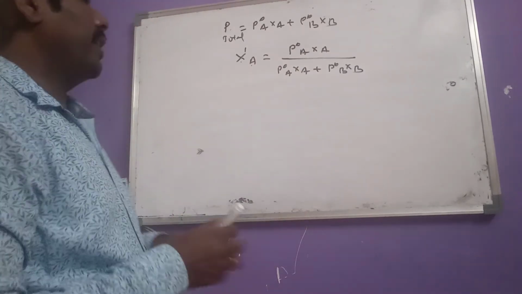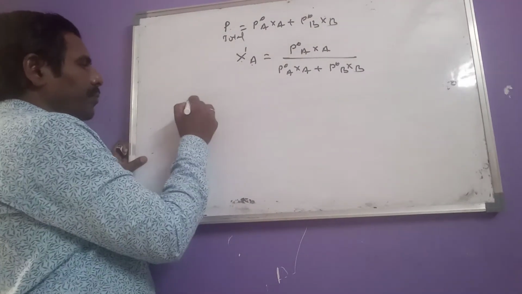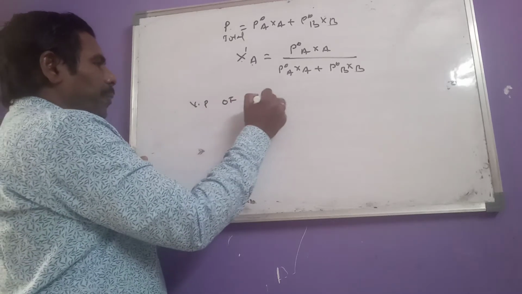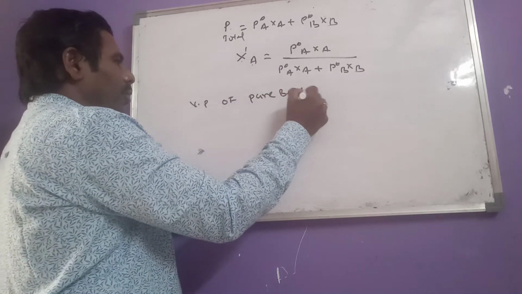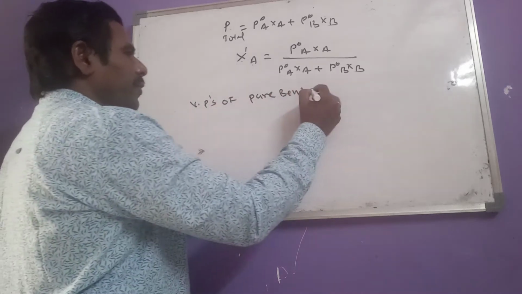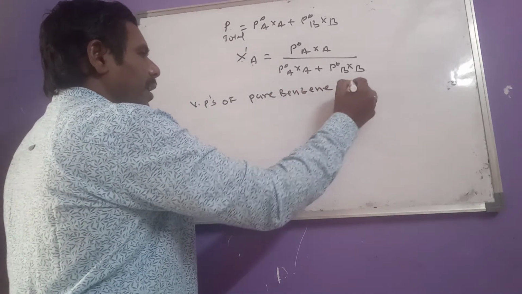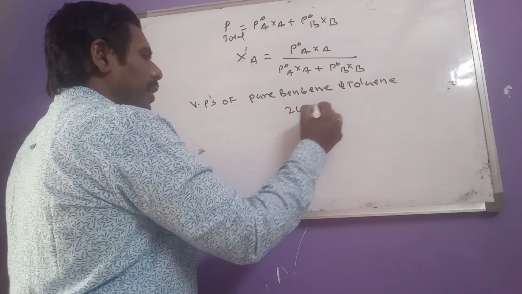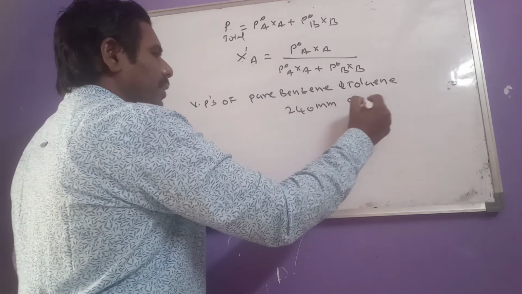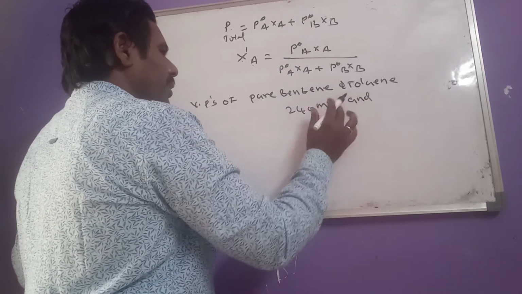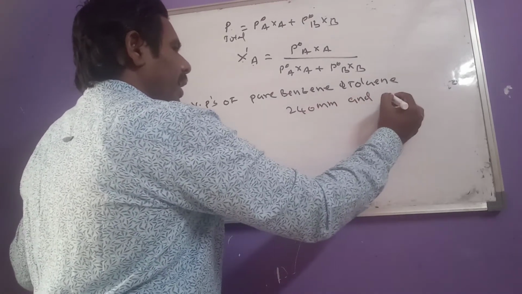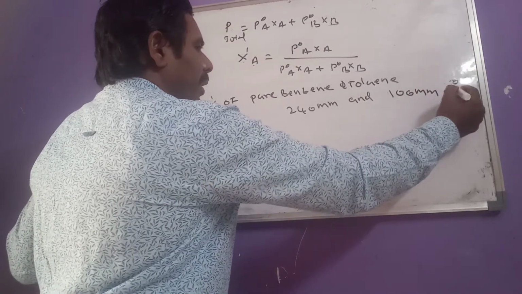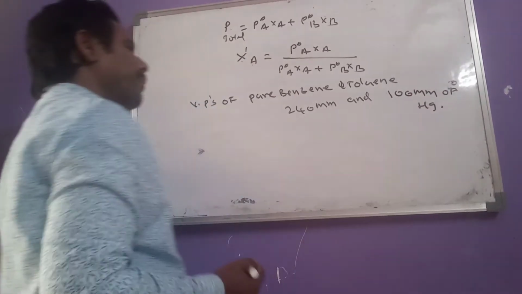The first one here, for example, vapor pressures of pure benzene and toluene are 240 mm and 100 mm of mercury respectively.